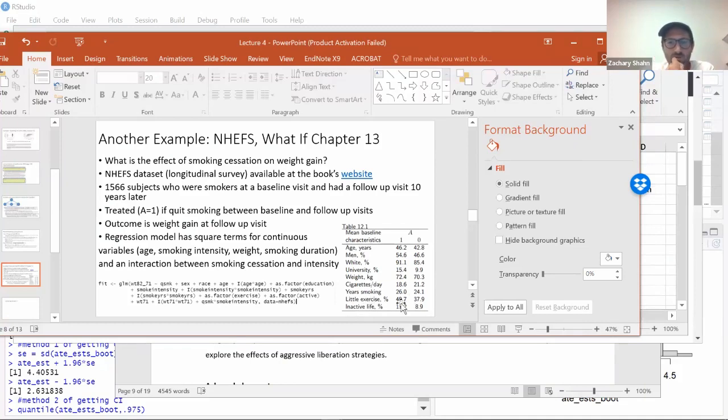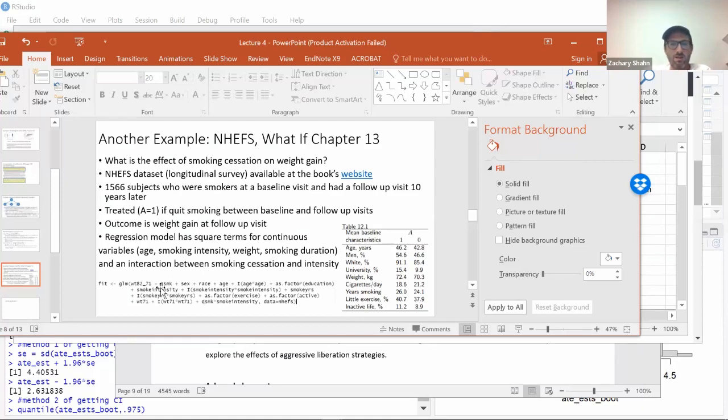So these were variables that they thought were important to adjust for, either because they expected them to be strongly associated with the outcome or because they differed across treatment levels, or both. These were all thrown into the regression model along with the treatment variable QSMK, quit smoking.